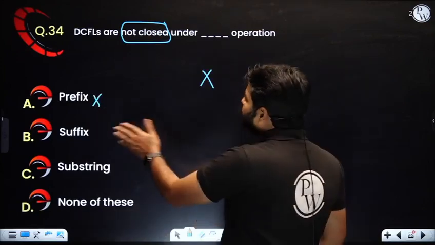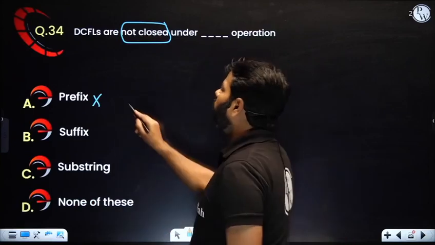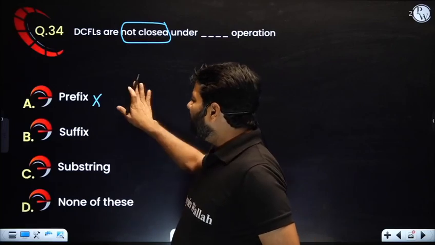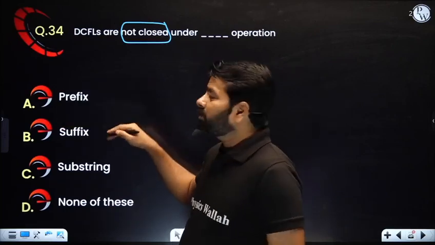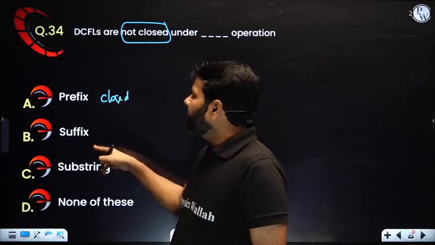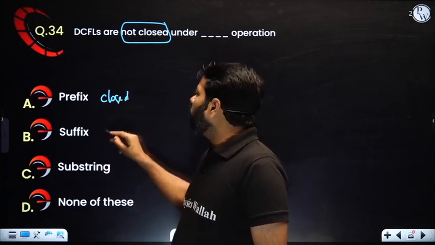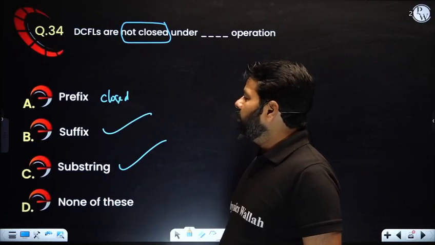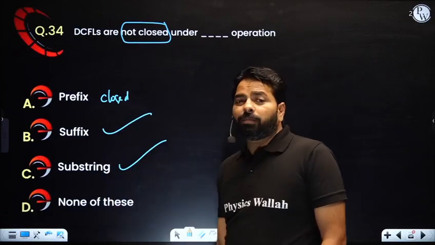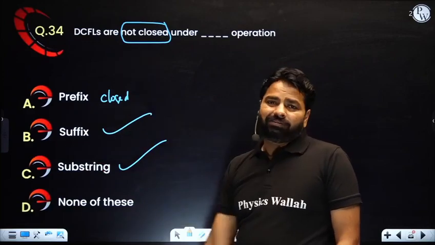No, I am choosing the right statement for this. This is closed, that's why I am not choosing it. Better when you confuse the cross mark and tick mark, remember it. This is the closed. Suffix and substring, they are not closed, that's why I am choosing it. B and C are not closed. Suffix and substring operations are not closed for DCFLs.